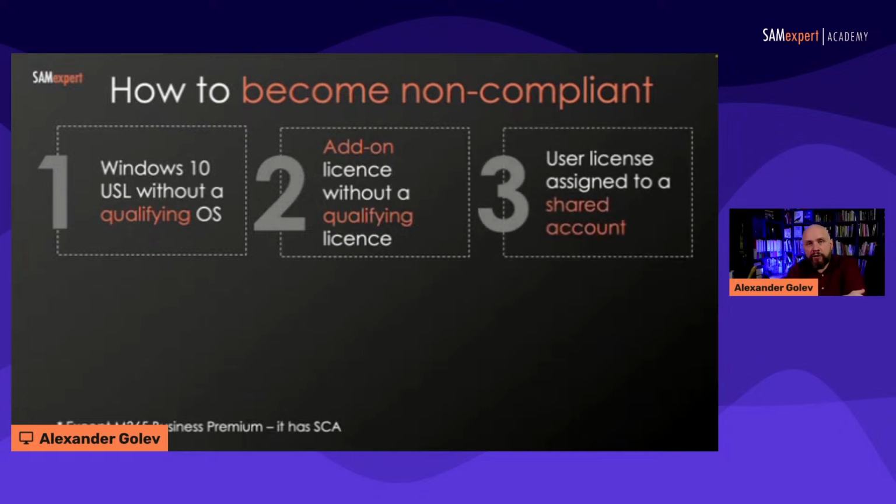Number 3, user licenses assigned to shared accounts. It's actually okay. So let me caveat this. If you have a shared account, for example, called reception1@company.com, and there are 3 receptionists using Microsoft 365 applications and online services through that account for some reason.